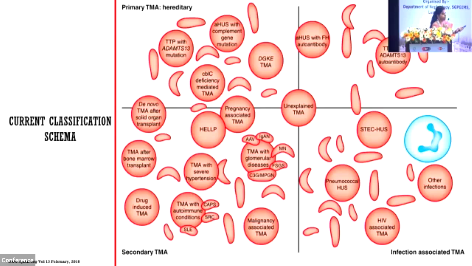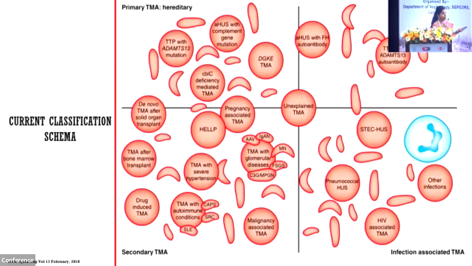Now, these could be either TTP, which has an ADAMTS13 genetic defect. It could be atypical HUS, which will have complement related or non-complement related gene mutations, or it could be even congenital genetic mutations, for example, the cobalamin C deficiency, where you have a deficiency in the cobalamin synthesis gene.